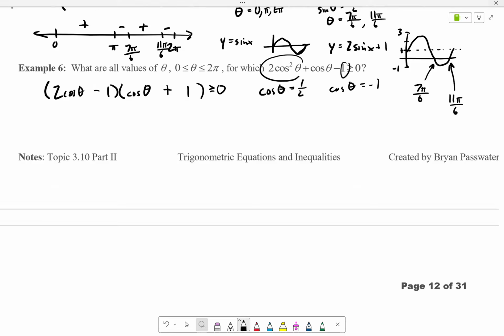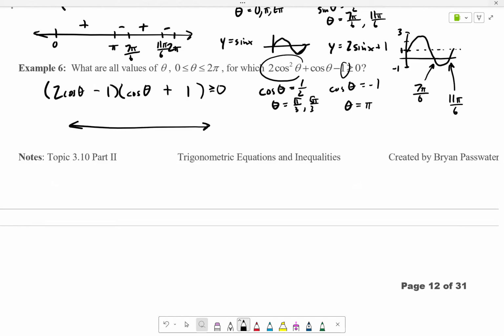Okay, so I need to figure out theta. Theta equals pi, we know from the unit circle. And the first one, theta is equal to pi over 3 and 5 pi over 3.